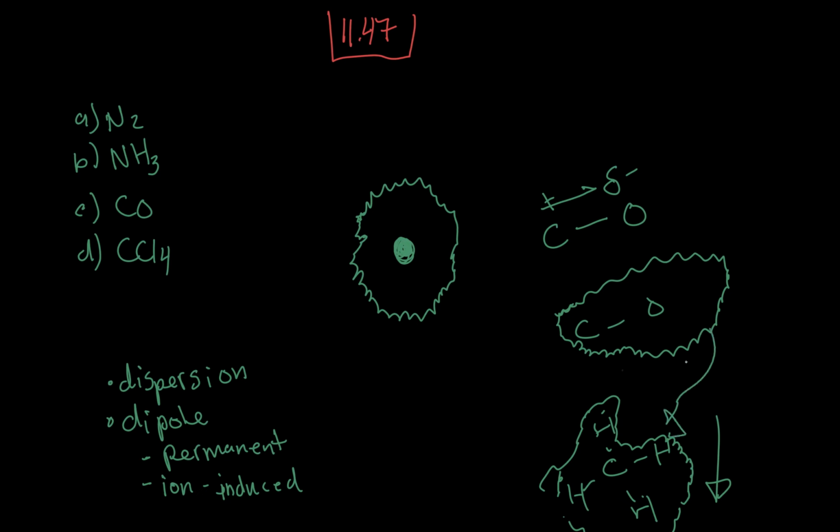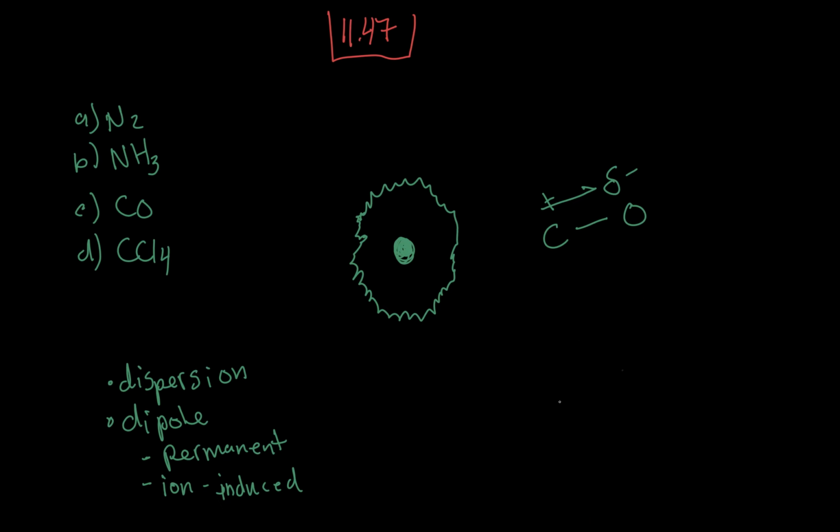All right, so we would expect more electron concentration on this molecule on that side of it. Okay, so that is induced dipole action. So we can add that to the list here.